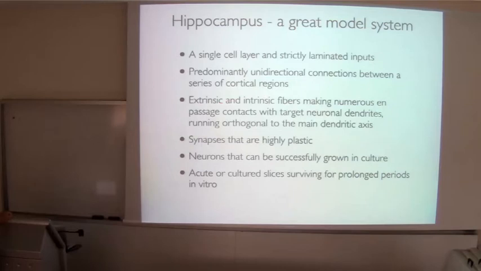So if you pick up an axon, it almost doesn't matter which neuron you record from. You'll find some connection. We'll talk about it. Maybe I'll go back a few slides for that in a second. The synapses are very plastic. So if you want to study synaptic plasticity, it's a great place to work.